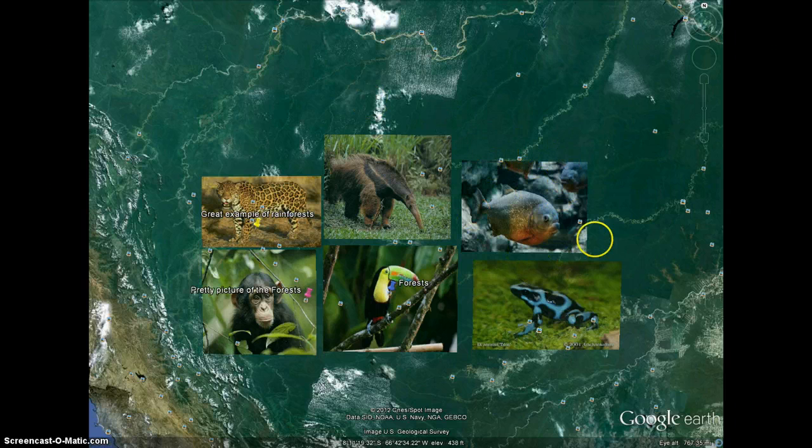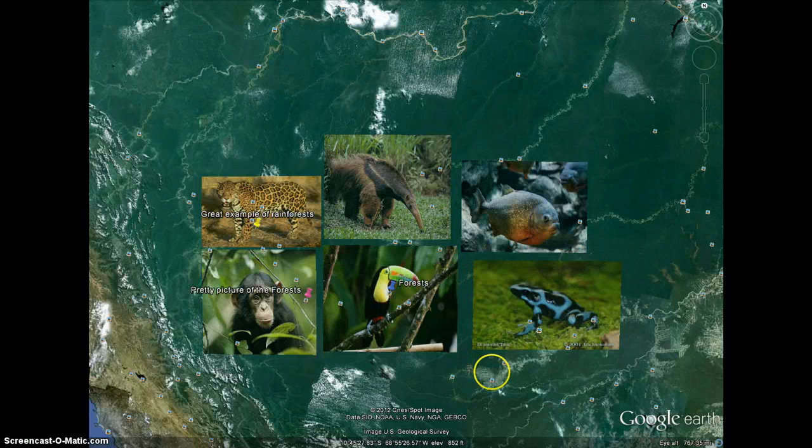What about this animal? Yes, it's a fish, but what kind of fish? Do you know? Hey, that was a good idea. A piranha. Yeah, the piranhas are famous for living in the Amazon River. That's right.